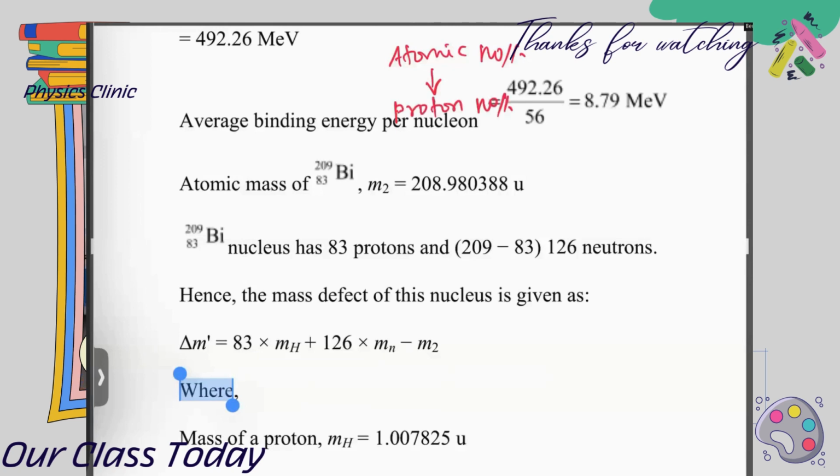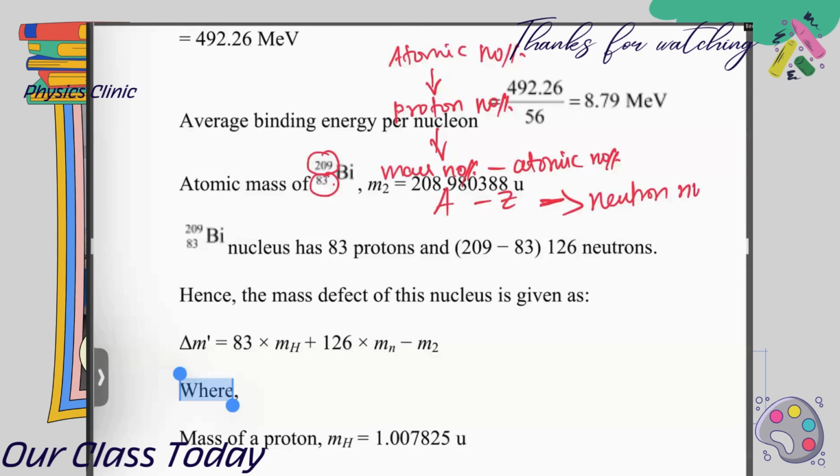And then by calculating the mass number minus atomic number, where the mass number is at the top and the atomic number is at the bottom, like this, you'll get the neutron number.